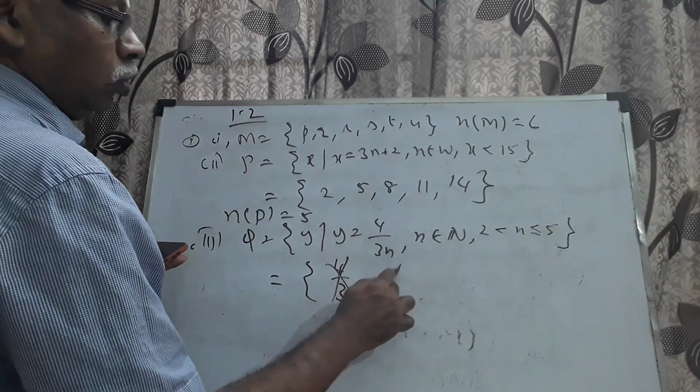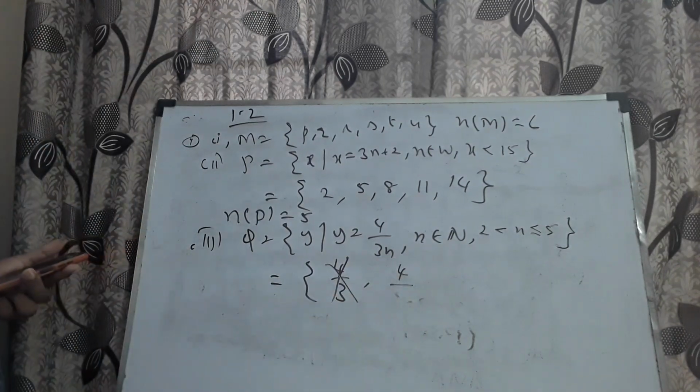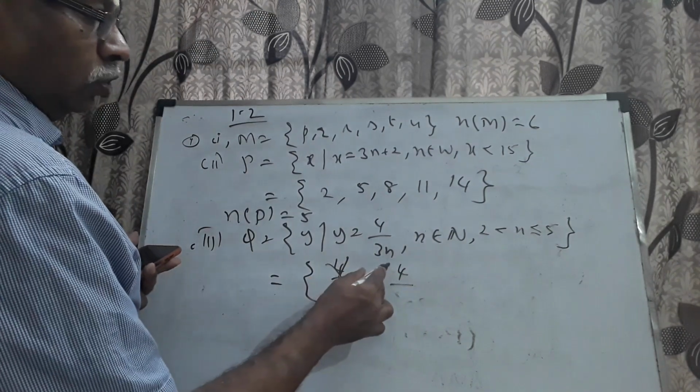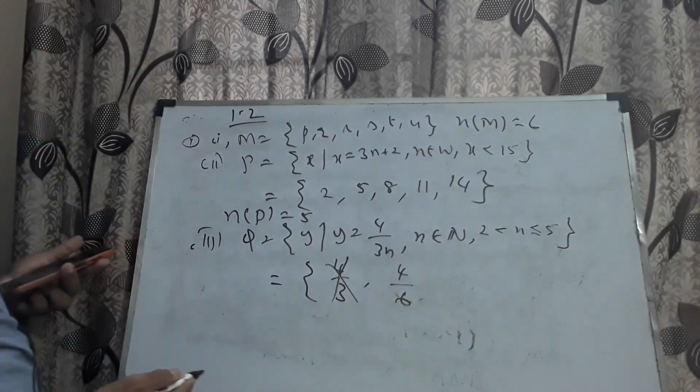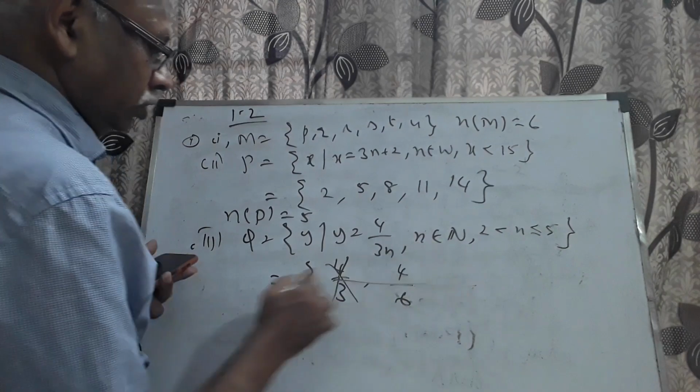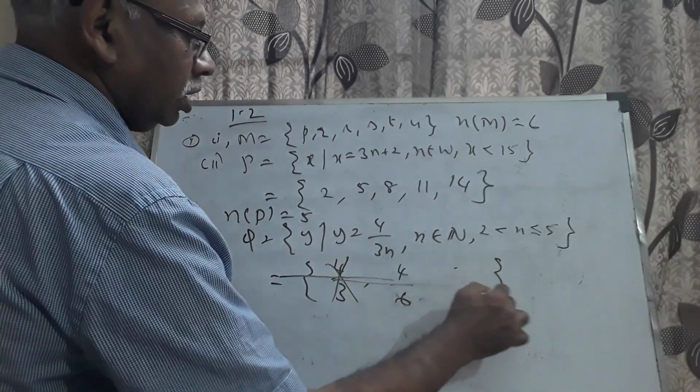Then 4 by how much am I getting? 4 by 2 2s are 4 by 6. Here it is getting reduced. Therefore, it is an empty set automatically.